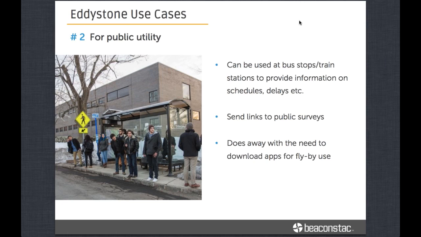I think that's an interesting use case, mainly because at least when I'm on holiday, I never have data. Precisely, data, yes. So I can't download the app from the app store when I'm standing at the bus stop. So I think this is definitely interesting. Of course, there are limitations like in every other use case, but I think this is a good one for flyby use, where you don't have to.